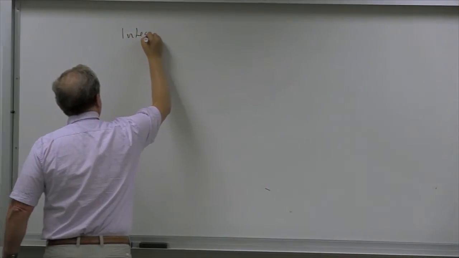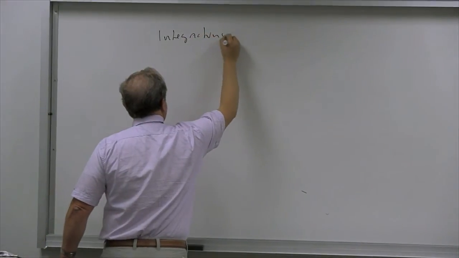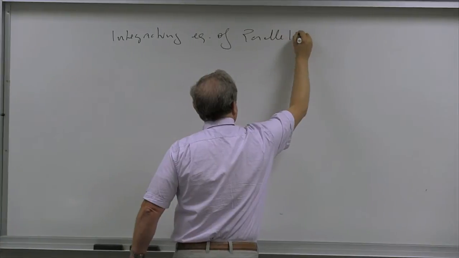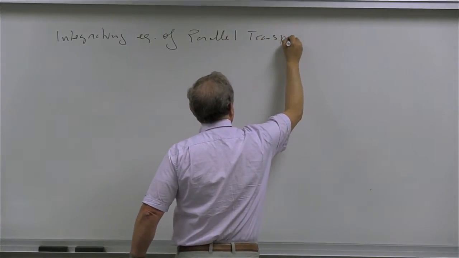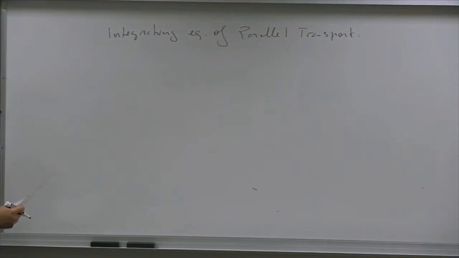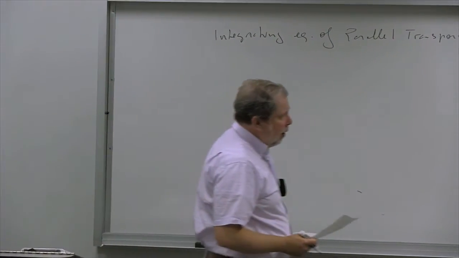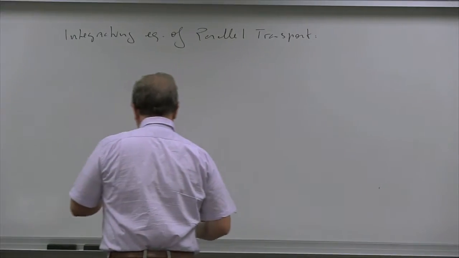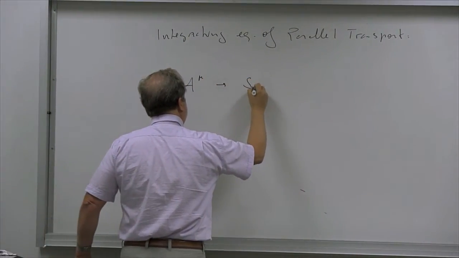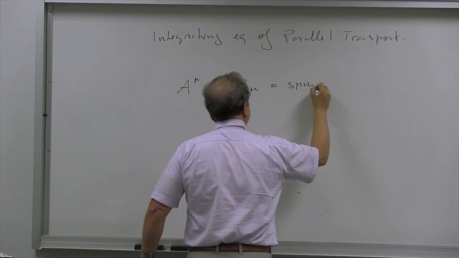So integrating the equation of parallel transport, we can integrate this equation, and let me look at one example which is not the 4 velocity, but one where we have A mu that becomes the spin.